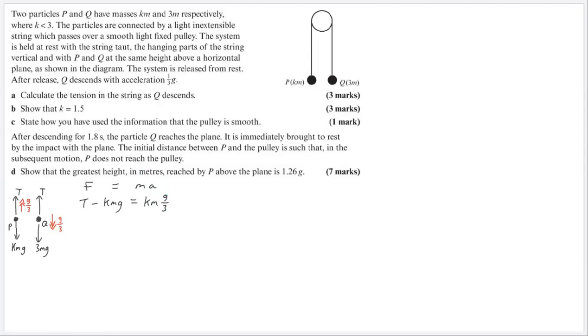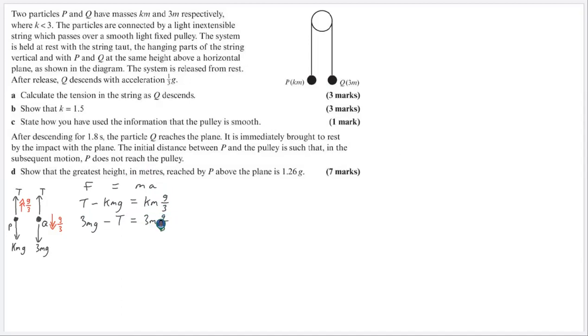Okay, let's do F equals ma for Q. This time I'm pointing down as my positive direction, so I'll have 3mg, T is pulling the other way, equals 3m, which is our mass, times a again, which is g over 3.